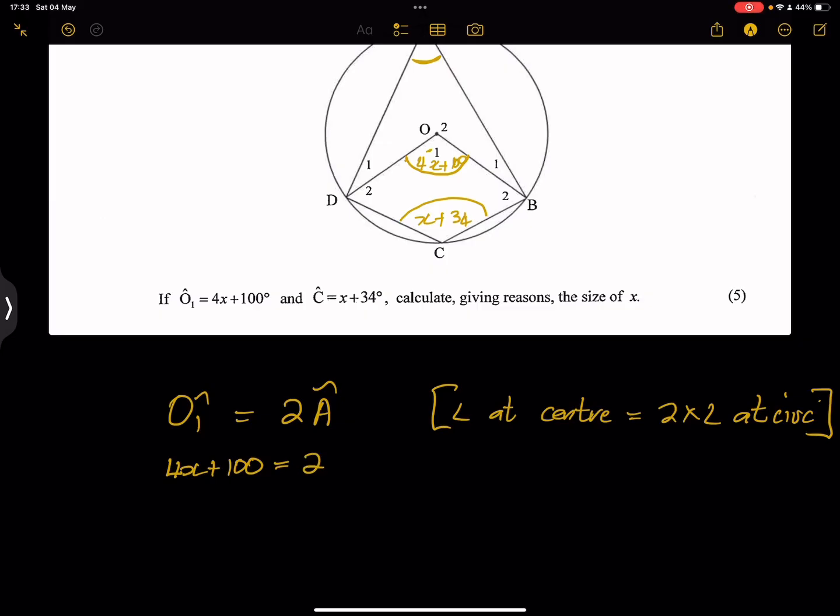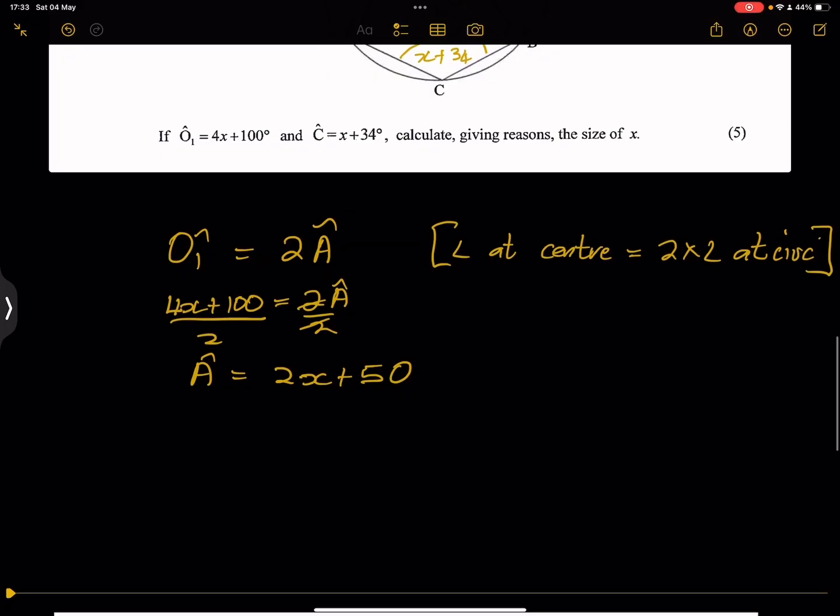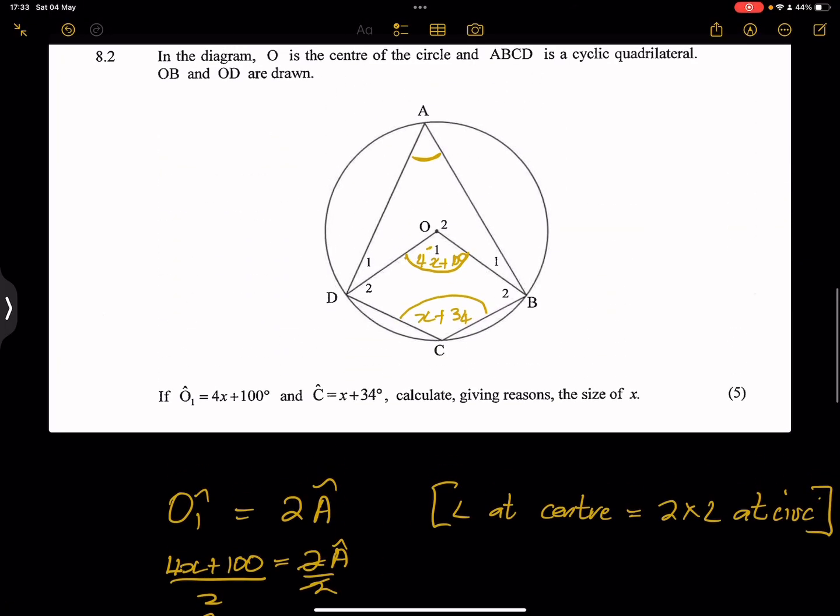so what would be the size of angle A? It would be that divided by 2. So angle A would be equal to 2x plus 50. But I want you to note, angle A plus angle C are equal to 180.